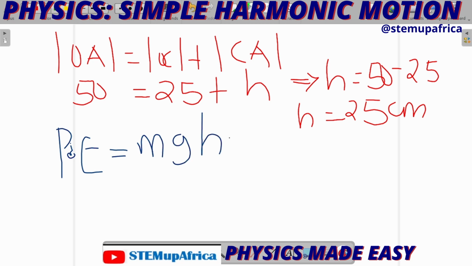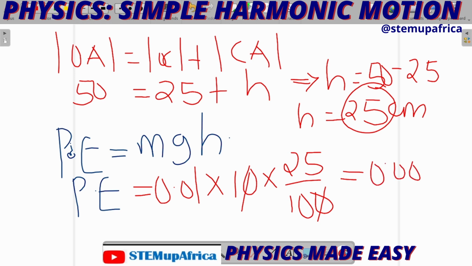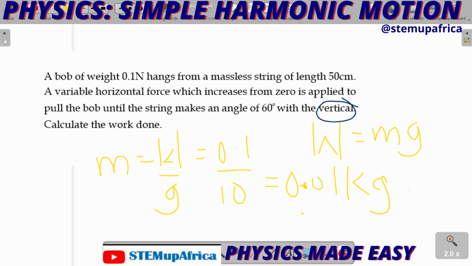So my PE will give me m, which is the mass of the ball 0.01, times gravity 10, times the height 25 cm, but convert it to meter, that means we are dividing it by 100. So my PE will give me 0.025 joules. This is now the potential energy at point B.